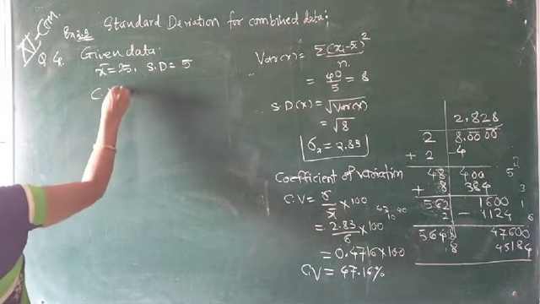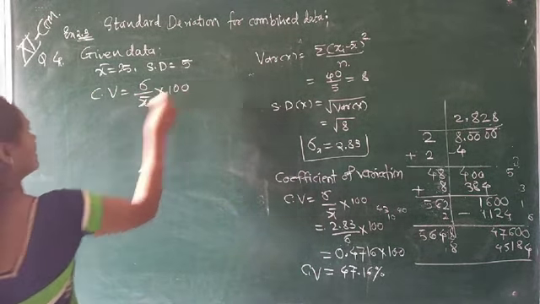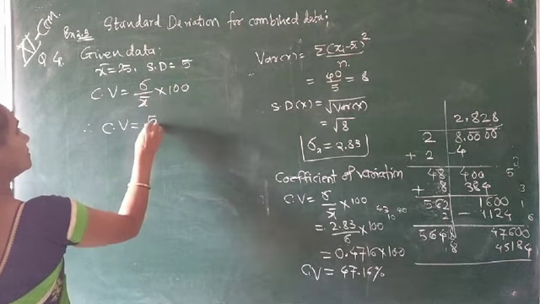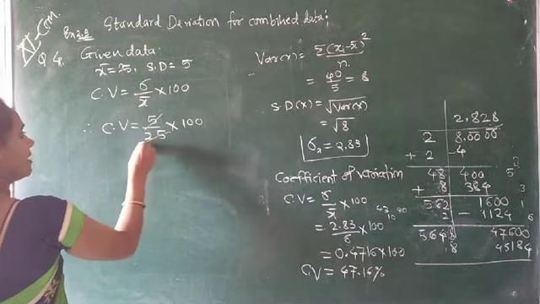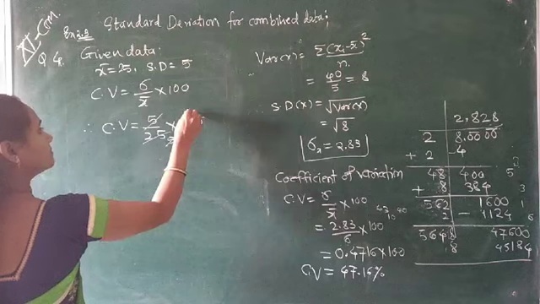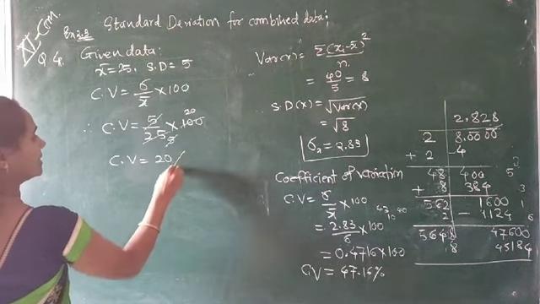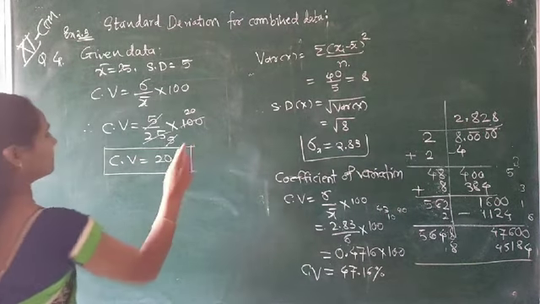We know sigma upon mean into 100. Therefore, CV is equal to, what is deviation? 5 upon 25 into 100. 5 5s are 25. 5 4s are 20. Therefore, CV is equal to 20%. Coefficient of variation is always in percentage.